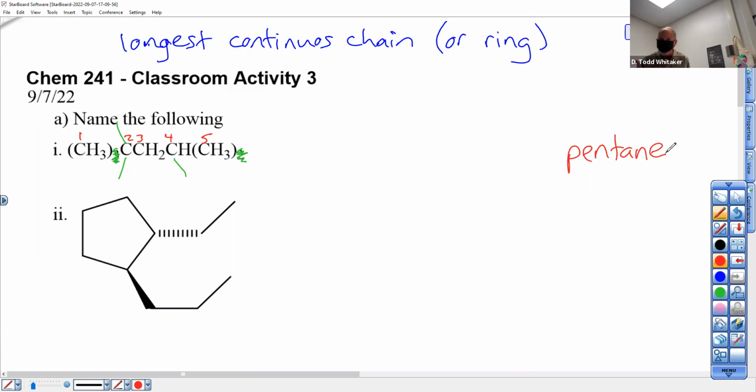It's methyl, Y-L. So chains end with ane. That's easy to remember, right? And groups are like sick chains. They're ill. Methyl, ethyl, propyl, butyl. There's the first four, right?